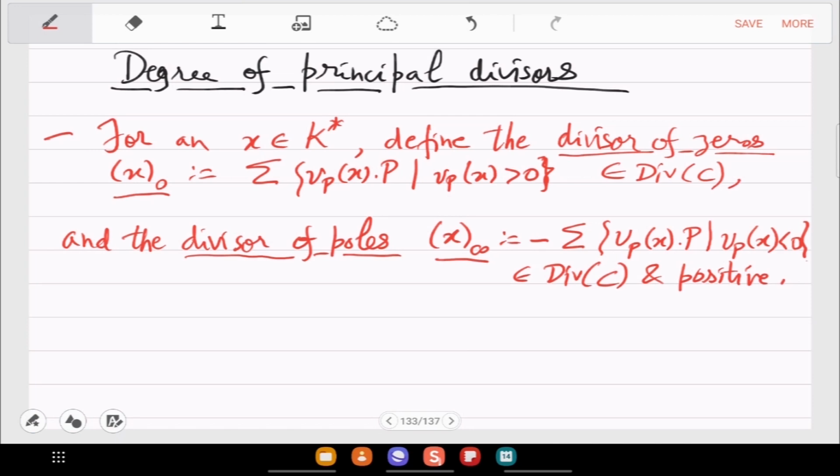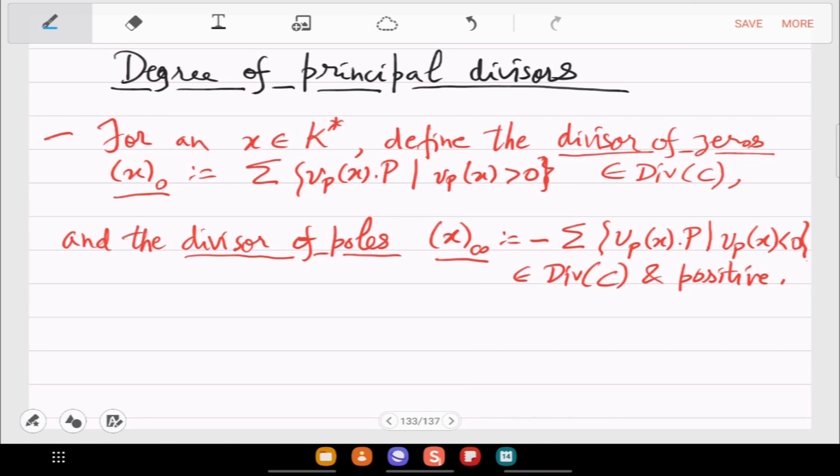So, the divisor of zeros and poles. But that we have seen since the first month. Any rational function, how many zeros can it have with multiplicity? Even in the algebraic closure case, the zeros can only be finitely many with multiplicity. So the sum that I am doing is always finite. In Div C you can only add finitely many things.